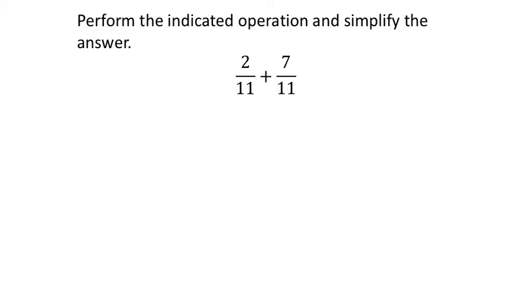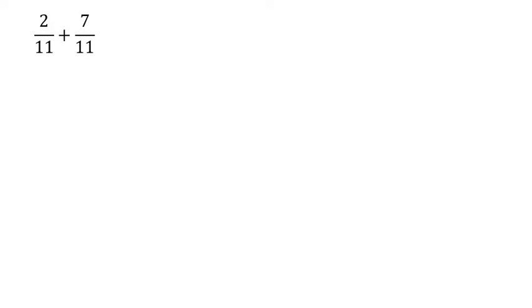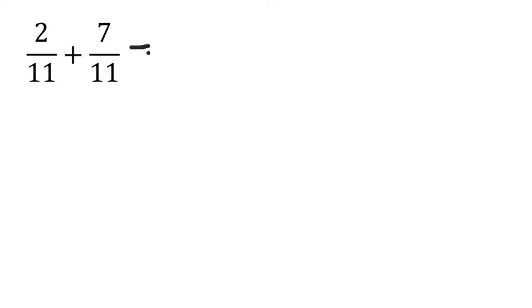So here's our first problem, and we see common denominators of 11, and we should expect to only see common denominators in this section. Remember, if the denominators are the same, and we're using addition in this case, keep it the same. The operation, addition, will stay the same, and those two numerators, 2 and 7, we're going to add.